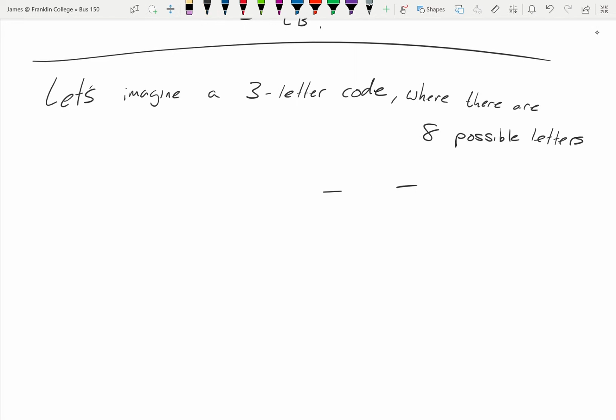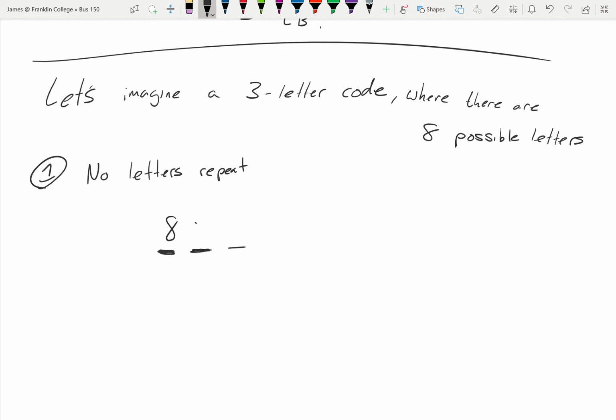So let's think about 3 specific scenarios. 1. Let's assume that no letters repeat. So the code AAA cannot be a 3-letter code because the letter A is repeating. So let's think about our 3 letters. There are 8 letters available for the first letter in the code, and because no letters are allowed to repeat, that means whatever letter was chosen in the first spot is no longer available in the second spot.